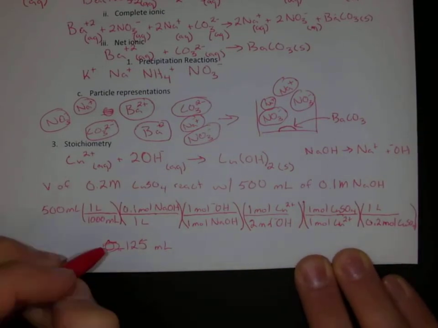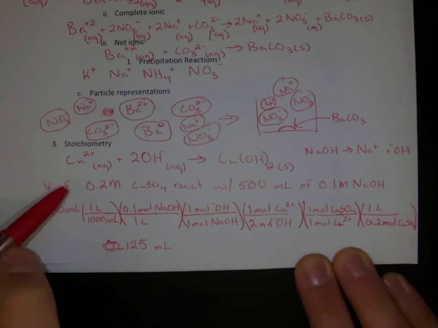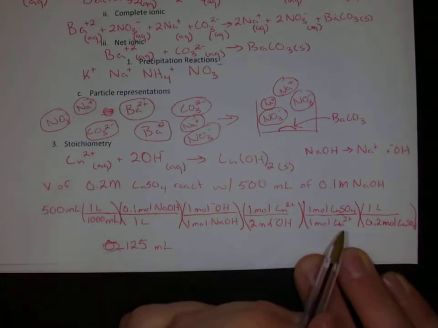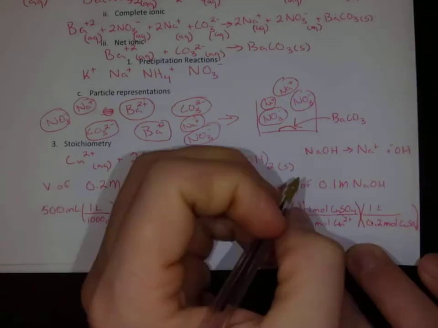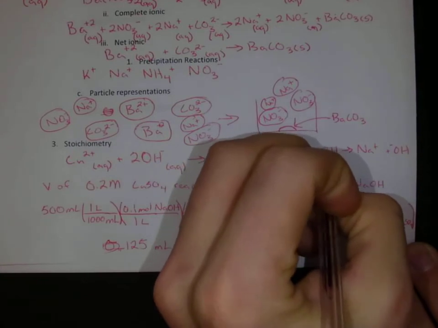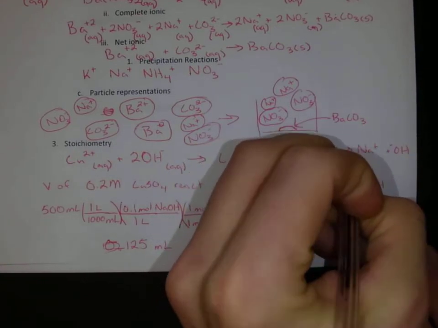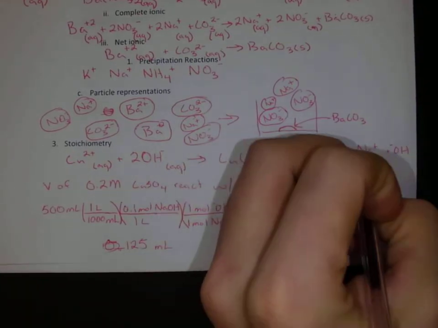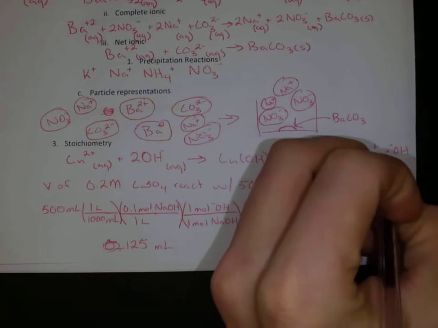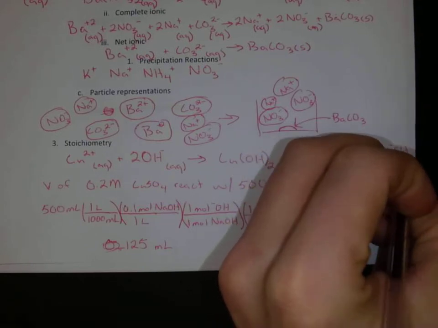Okay? So what we see is that every single time, I'm using my stoichiometric relationships. My copper sulfate, I can write the reaction, breaks up into Cu2+ and SO4 2-.